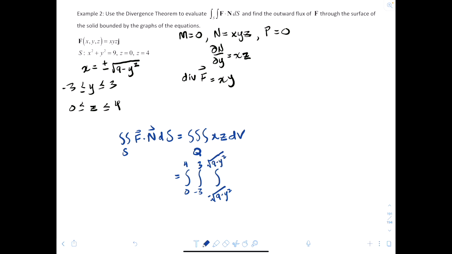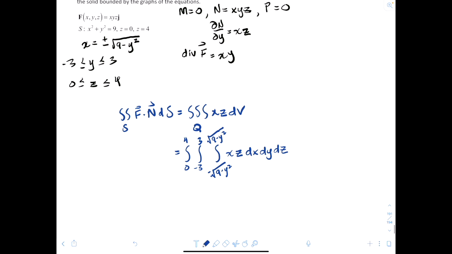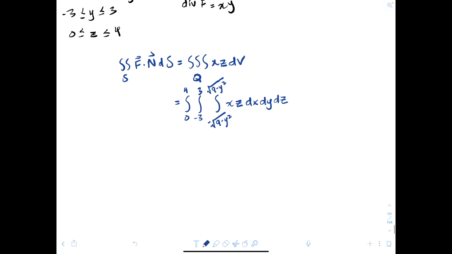And then we have xz, and the way I set it up, it's dx, dy, dz. Groovy? Okay, so this will equal the integral from 0 to 4, the integral from negative 3 to 3, and then we'll have what?